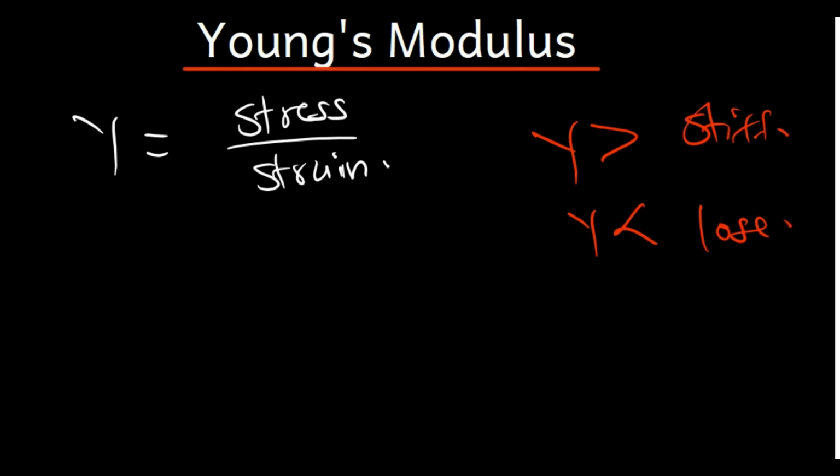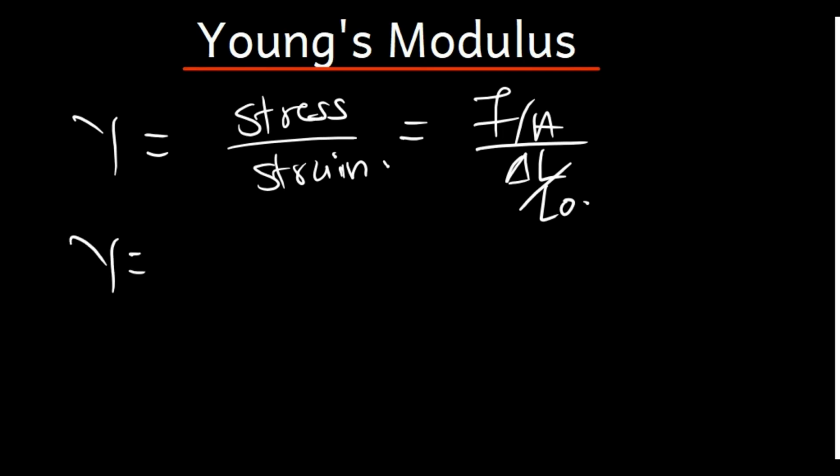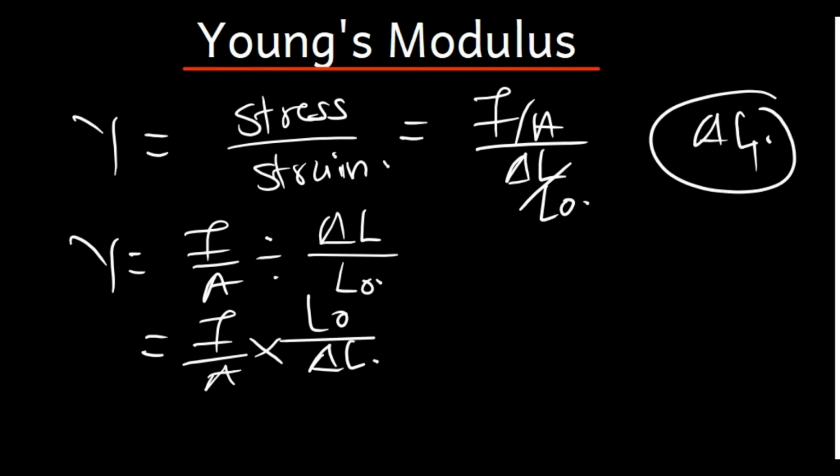Now, since we are saying that stress is force divided by area, and strain is change in L divided by L initial, we can say that Young's modulus is this over this, so at the same time it will be this times this. Now, this change in L is the same as compression.